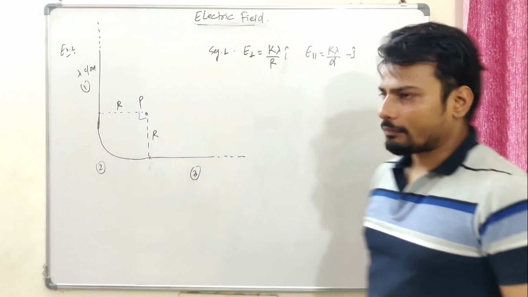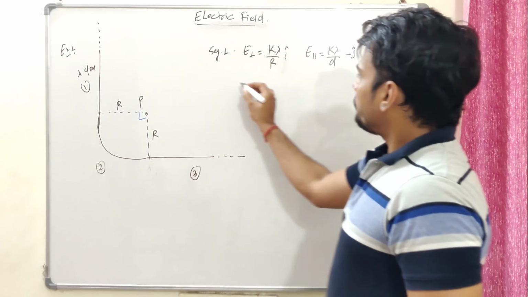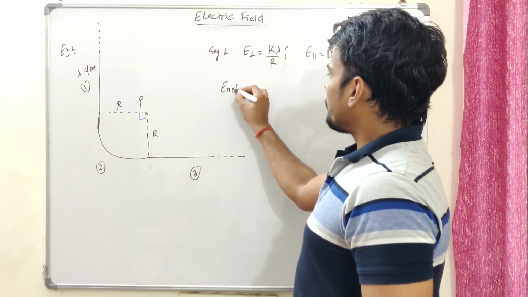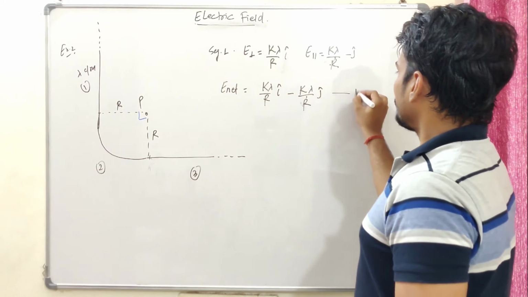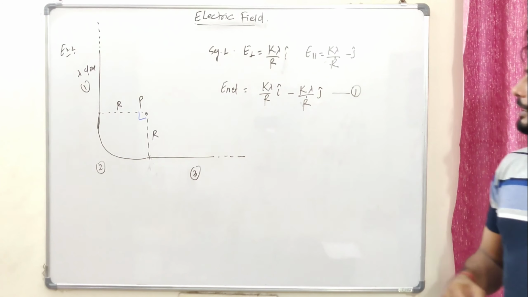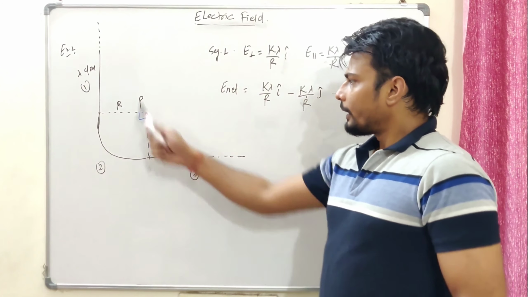I've discussed it. So the net field due to segment 1 should be K lambda by R i cap minus K lambda by R j cap.